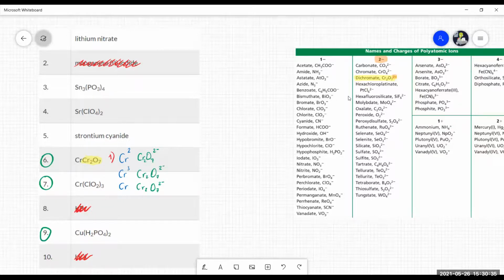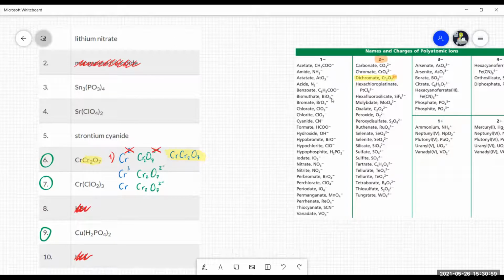So when this happens, you cancel the charges and the compound formed is CrCr2O7.